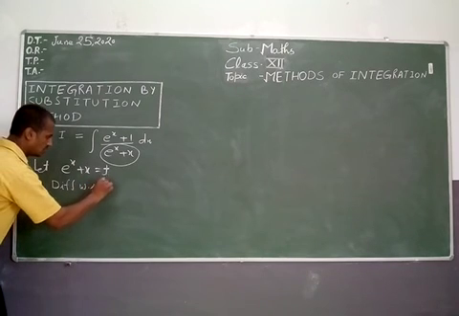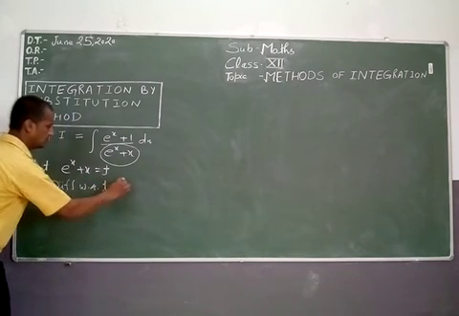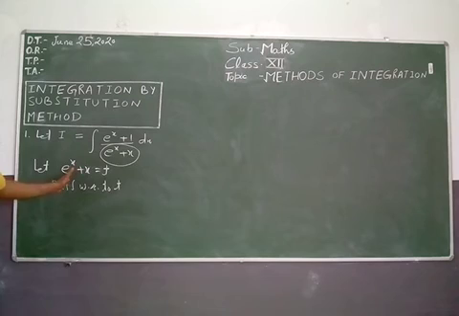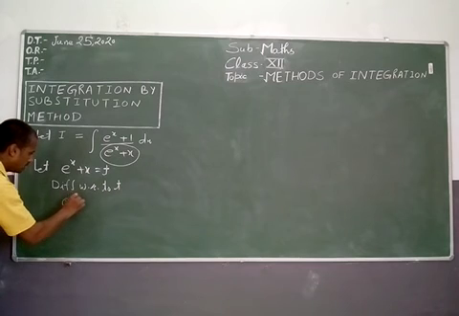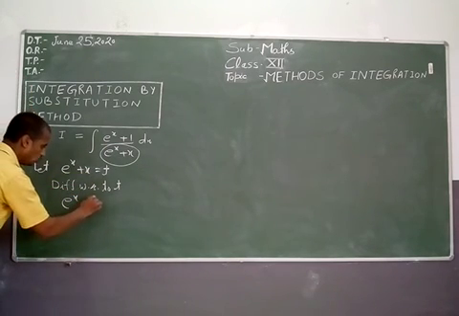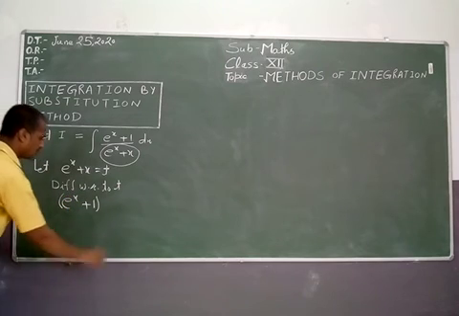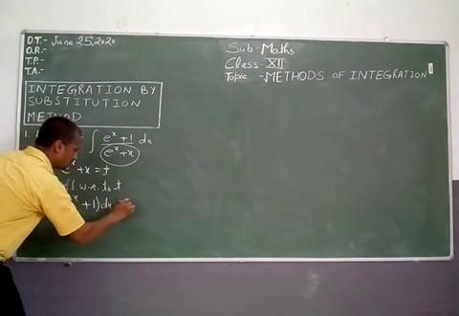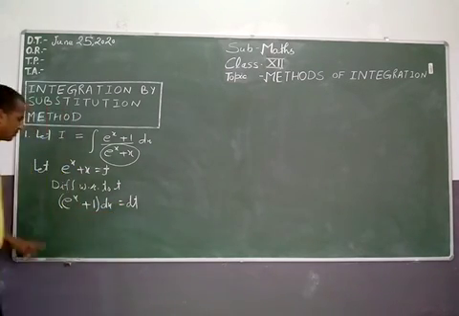We can differentiate the given function with respect to t. We know that derivative of e power x and derivative of x with respect to x is 1, we can write here dx equal to dt.